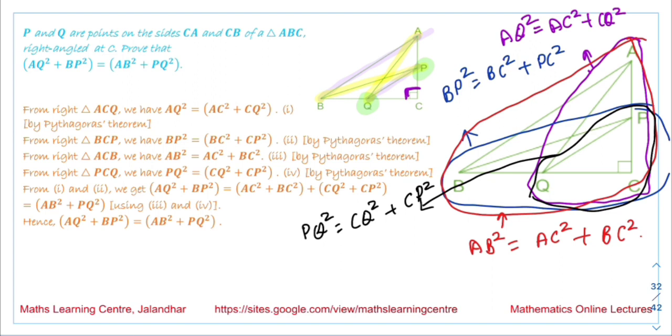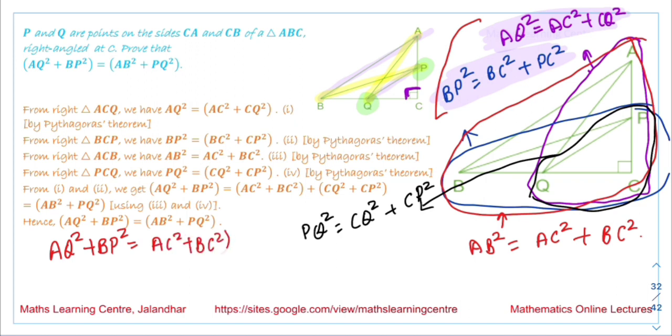Now from this result, AQ square is equal to AC square plus CQ square, and BP square is equal to BC square plus PC square. From these two results we get that AQ square plus BP square is equal to AC square plus BC square plus CQ square plus CP square.